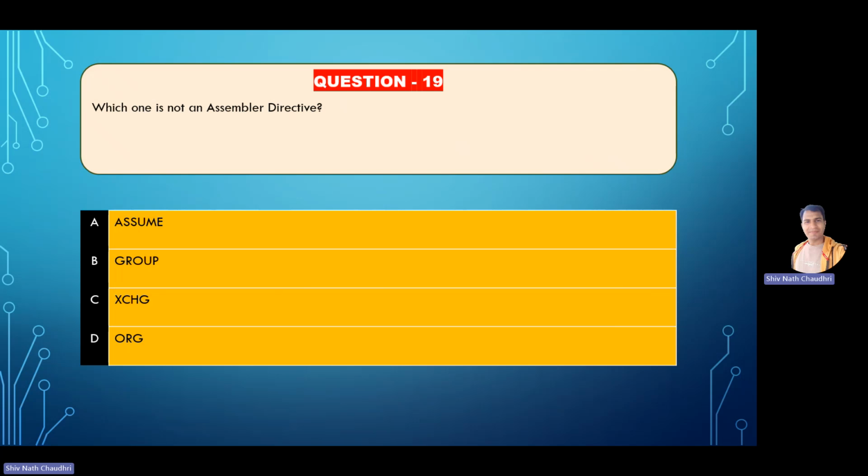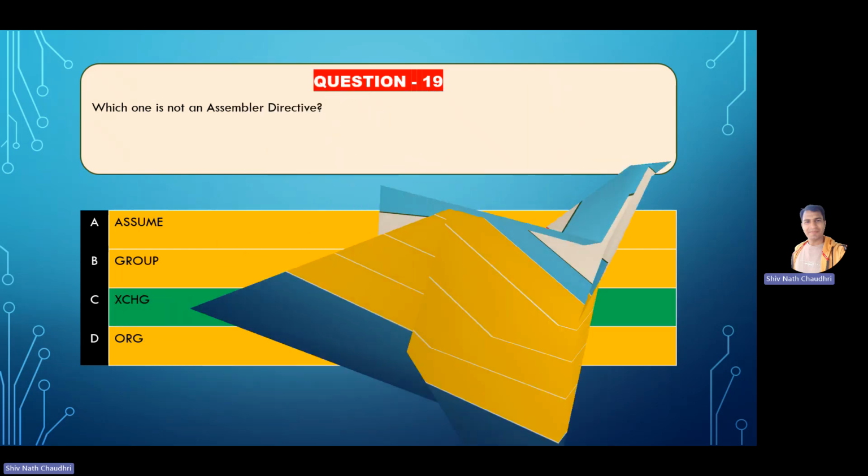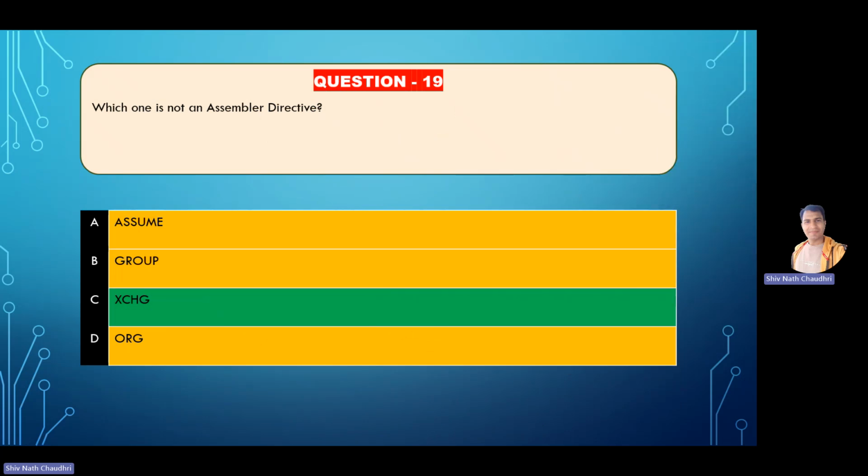And the next, ORG, is also an assembler directive, used to set the starting memory address. So ASSUME, GROUP and ORG are assembler directives. Which one is not? Exchange is not an assembler directive; it is an instruction in 8086. So C is the right one for this question.